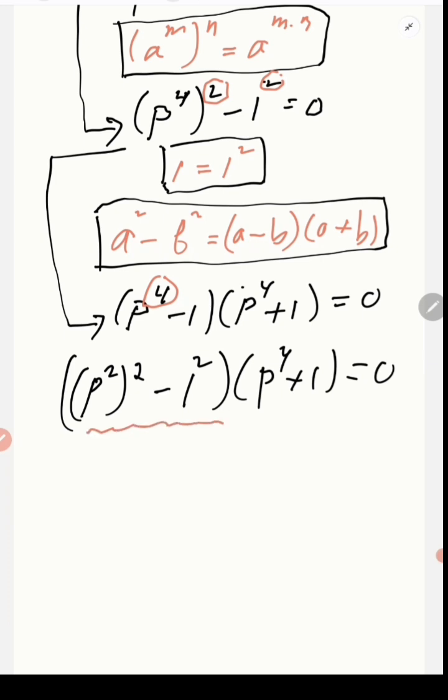Again, this part can be written as p squared minus 1 times p squared plus 1.